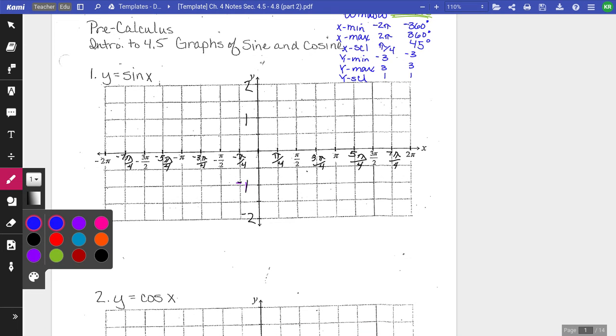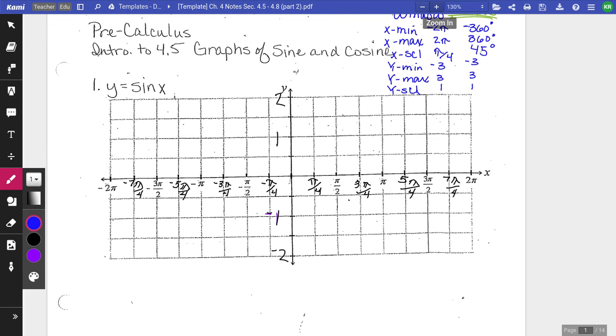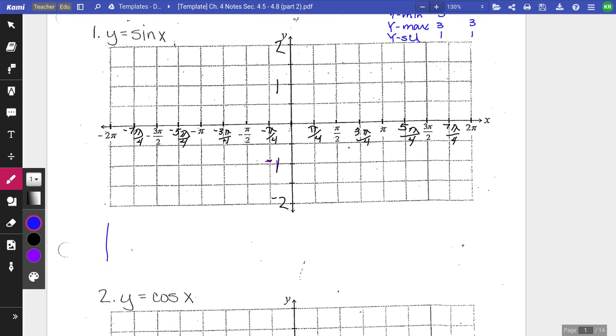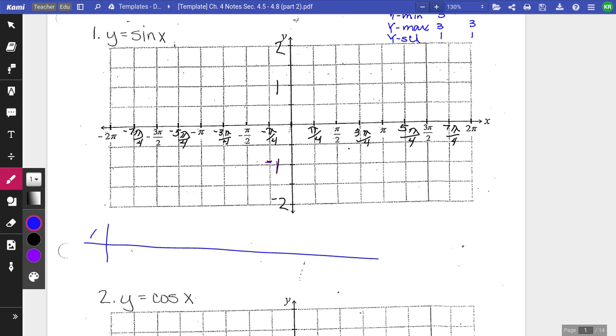We're just going to do an XY table. I'm going to go sideways. So this is X, and then this would be your Y. Y equals sine of X. We're going to use the same increments that we have on our chart, so we're going to look at the units of pi over 4.